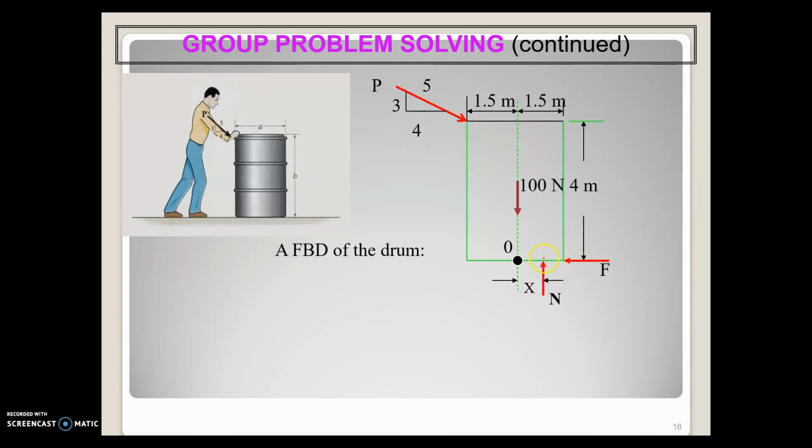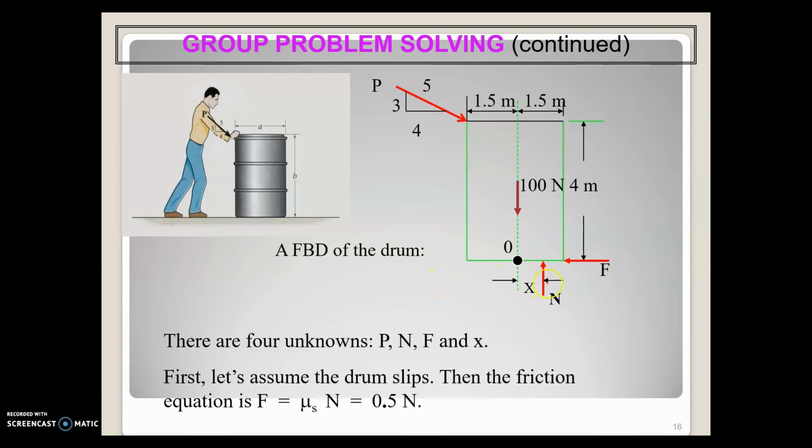Okay, ini yang dekat notes awal-awal tadi. So ini memang kita implement jika dia ada mention impending motion tadi. Right, you tahu bila kita tolak, okay, dia akan tend to slip, frictional force akan move opposed to the direction, right? So F is move to the left, which is frictional force.